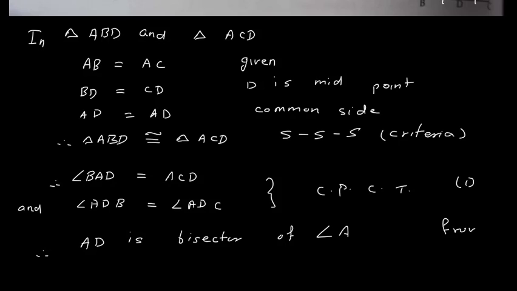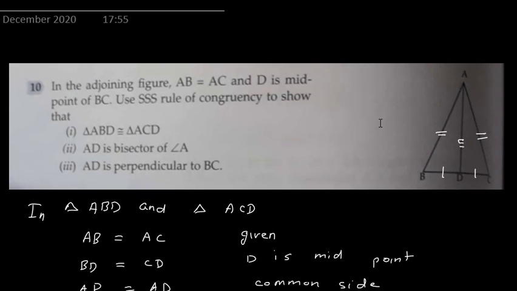So you can say that from 1. Or if you want to do better justice, you consider this first part as equation 1 and this part as equation 2. So from 1, as BAD and CAD are equal, AD is the bisector of angle A. Right, now here this angle BAD and this angle CAD are equal.